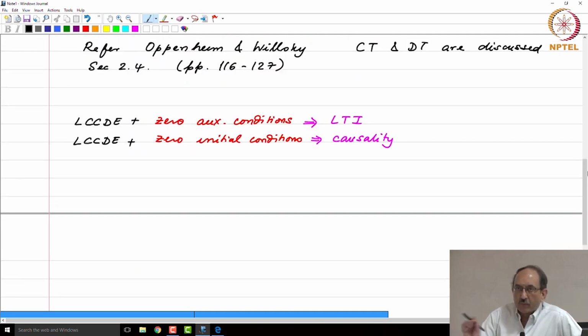Let me make some brief remarks. I want you to refer to this section, and if there are some questions I can always clarify. When you have a linear constant coefficient differential equation, to solve that you would first solve the homogeneous equation, and then you will solve the particular integral. If you have an nth order differential equation, the homogeneous equation will have n unknown constants.